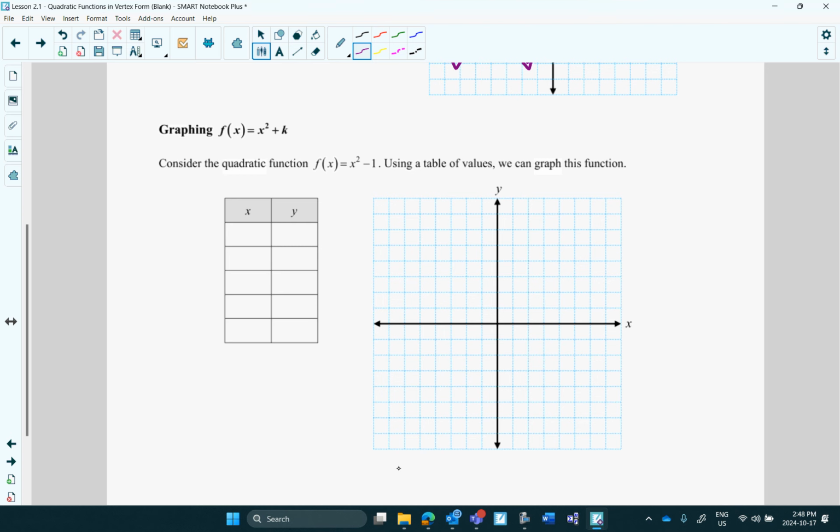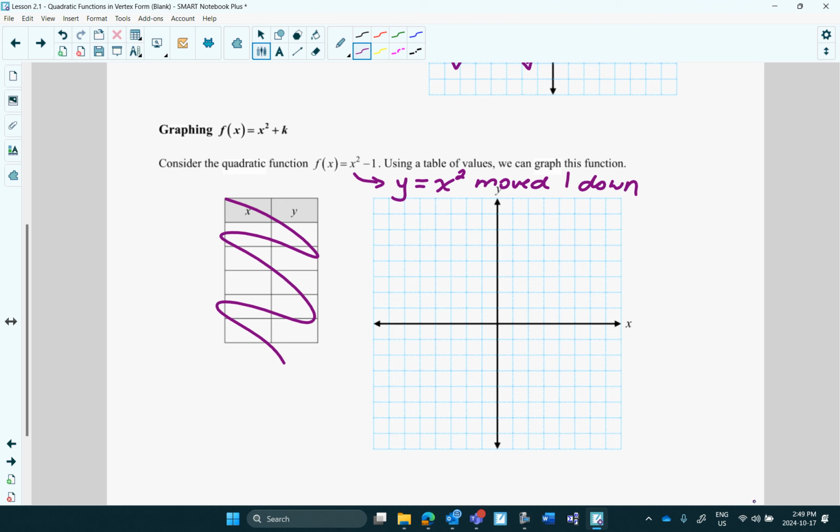So we don't even need to do a table of values, because we just discovered that this is y equals x squared, moved 1 down. So instead of starting at 0, 0, we start at 0, -1.